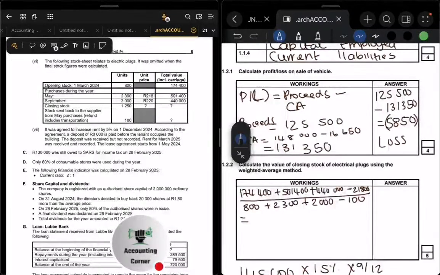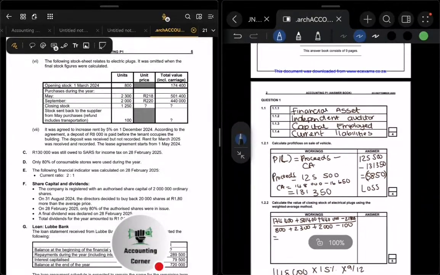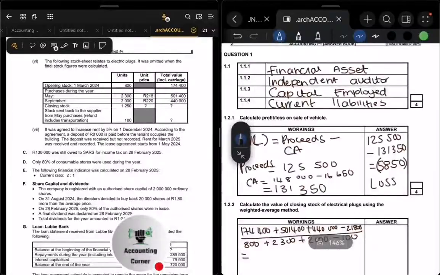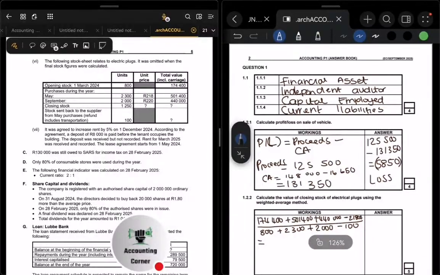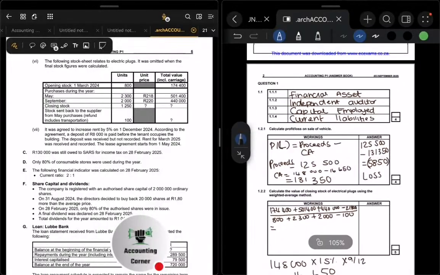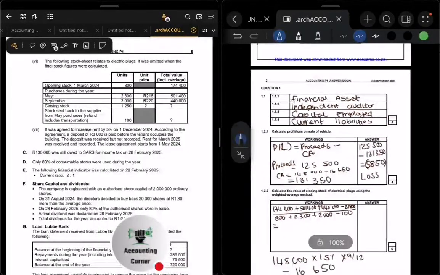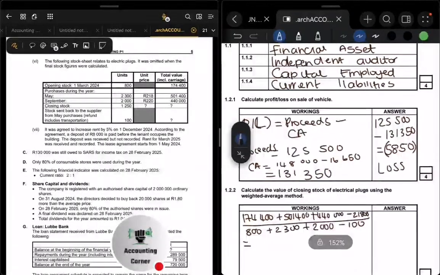Wait, this is supposed to be 100, not 10. Okay, give me a second. So it's 218.